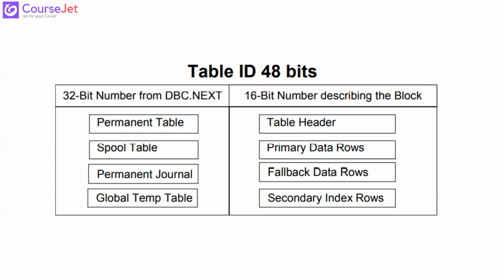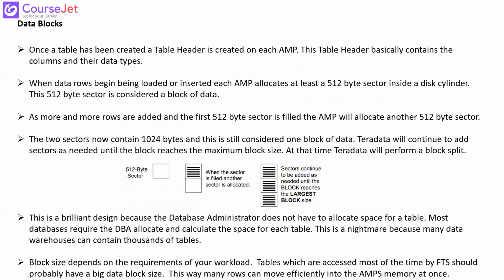Okay, you can continue with the next slide. So the next thing we'll be seeing is the data block. Once a table has been created, we know a table header is created on each AMP, and the table header basically contains the column and the data type details.